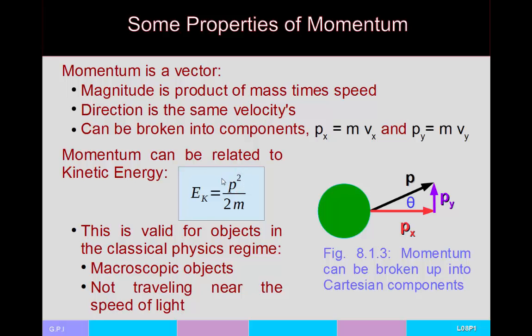So the momentum squared divided by twice the mass is going to give the kinetic energy of the object. This is, of course, the magnitude of momentum squared. And that's true as long as we're dealing with objects in the classical physics regime, so macroscopic objects that are not traveling near the speed of light or in a very, very, very large gravity well.